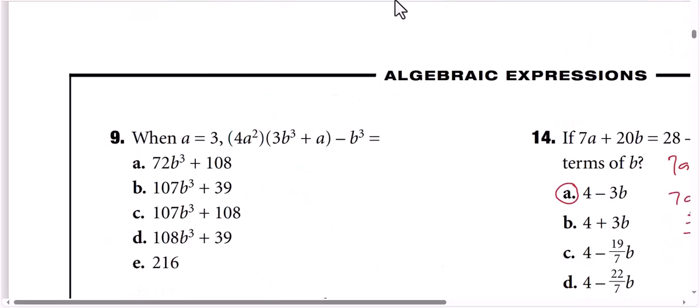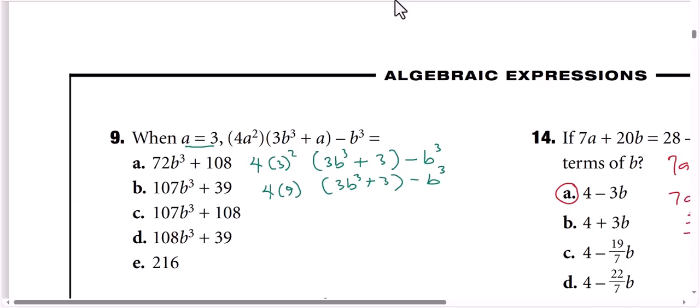So when A is equal to 3, let's simplify this expression. So we have 4 bracket 3 all squared, then 3b cubed plus 3 minus b cubed. So 3 squared is 9, so 4 bracket 9 bracket 3b cubed plus 3 minus b cubed.